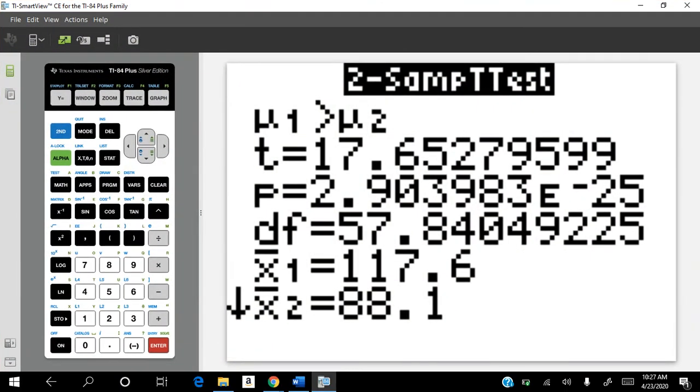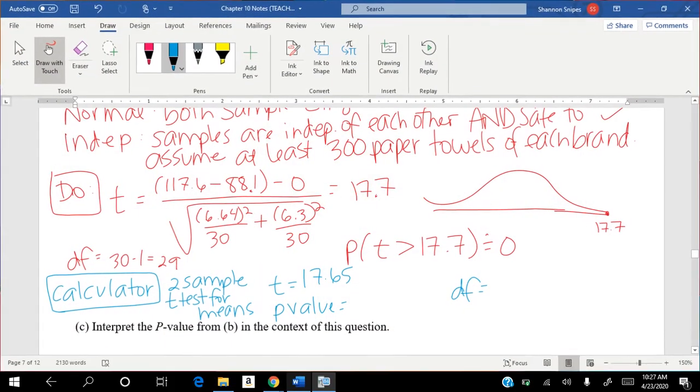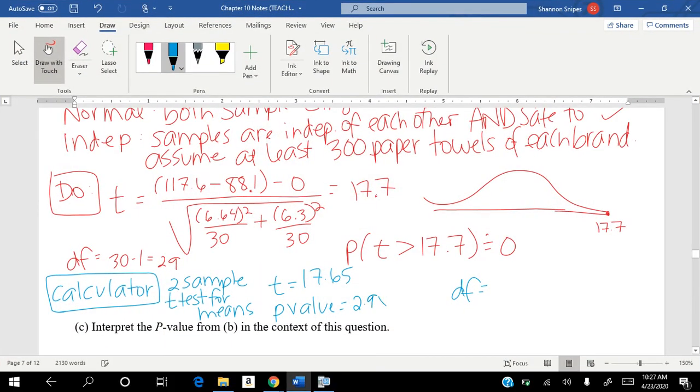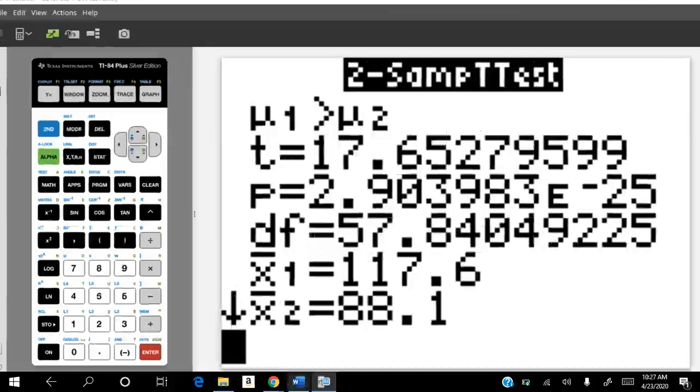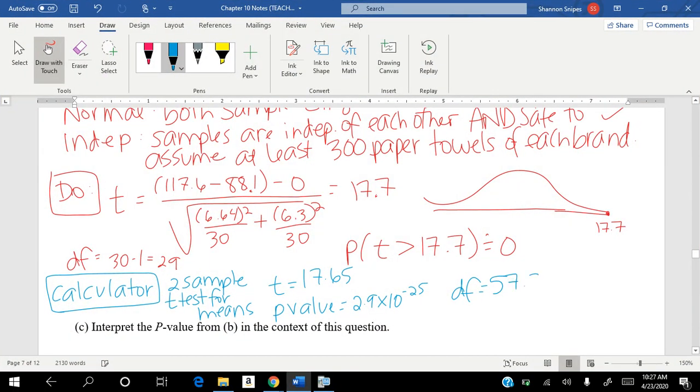Your p-value is 2.9 times 10 to the negative 25, which is basically 0. And you can see your degrees of freedom is 57.8, and we used a degree of freedom of 29. So please remember that you've got two choices for degrees of freedom for your t-test. The calculator gives you the accurate degrees of freedom, but you can use a conservative degrees of freedom by subtracting 1 from both your sample sizes and picking the smallest number.